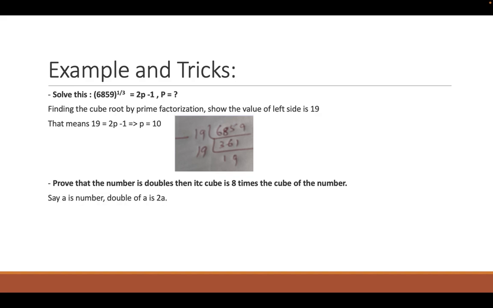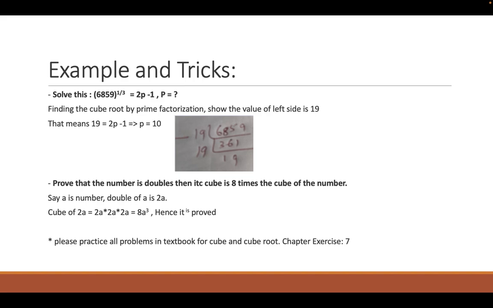That's what it's saying. It says a number a. Double of a is 2a, okay? And then a cube is there, but 2a's whole cube equals 8a cube. Okay, this is very simple.